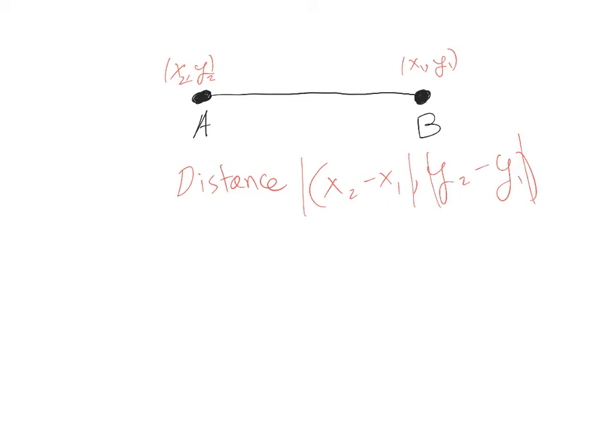Now this is only distance in x and y, but what if we're talking about the distance, let's say, on a diagonal? Well, this will give us this distance here, and this will give us this distance here. And to find this distance here, we're going to have to use some Pythagorean theorem.